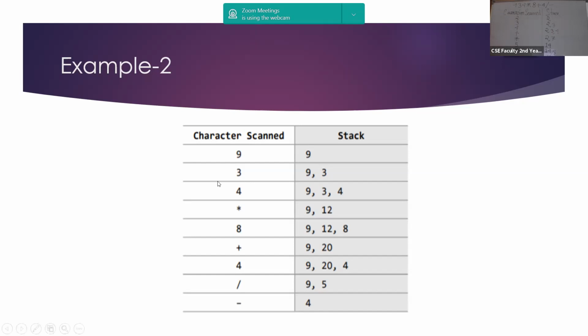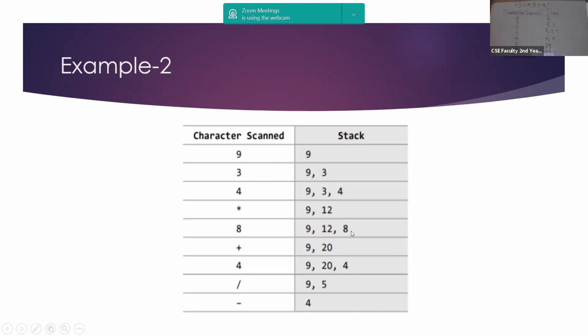So first 9 is scanned, place it into the stack. Then 3, place it into the stack. Then 4, place it into the stack. Then multiply. So just pop 4 and 3, perform multiplication, it will give you 12. Push it back into the stack. So it is 9 and 12 now. Then 8.